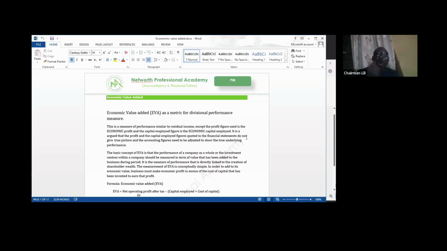The principle of economic value added is based on the idea that a division should be assessed based on the value created for the owners of the business.